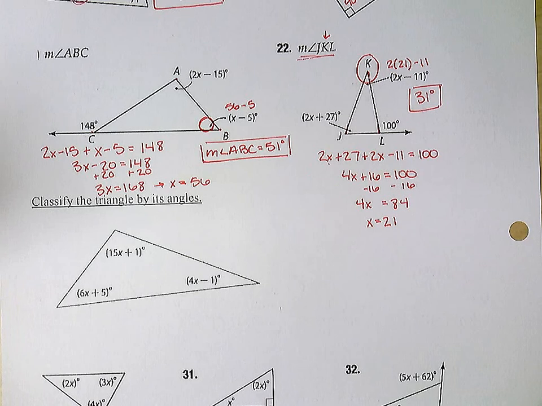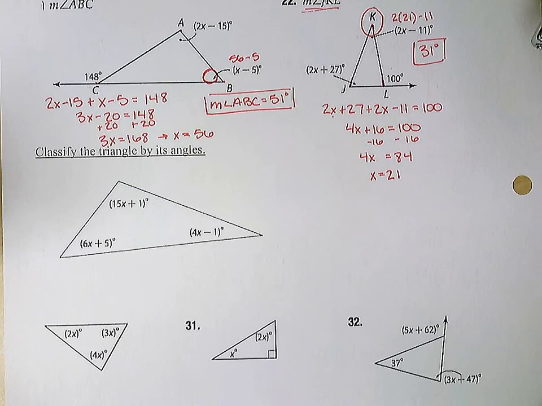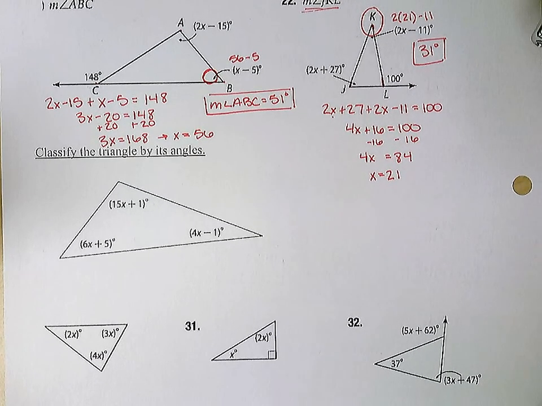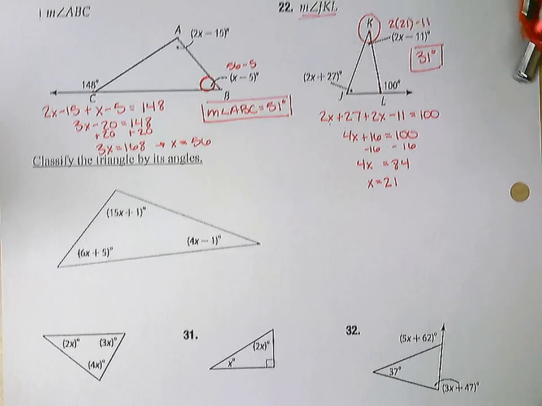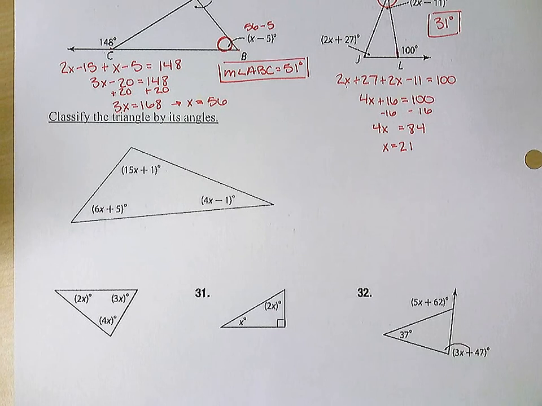Questions on this problem here I had you do? All right, then the bottom triangles is just setting up an equation and solving for x, and then you want to classify the triangle.